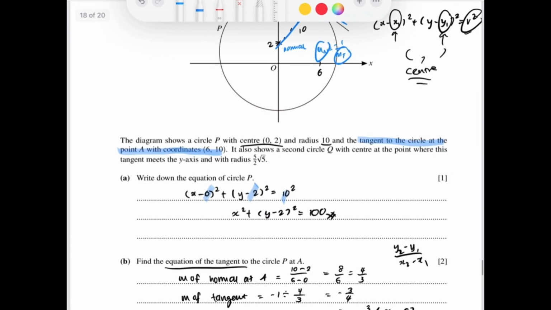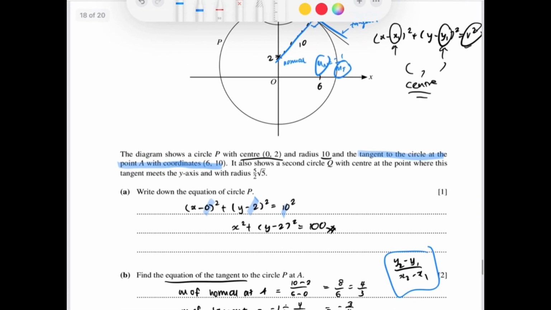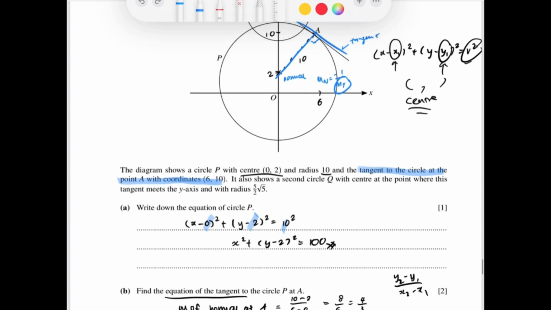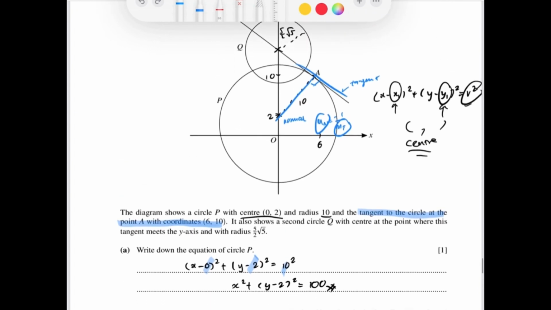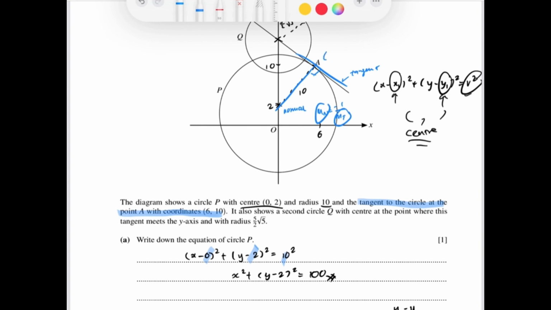I use that y2 minus y1 equation, and I already know the two coordinates I'm going to use for that. I'm going to use the coordinates of my A, and I'm going to use the coordinates of the center of the circle.